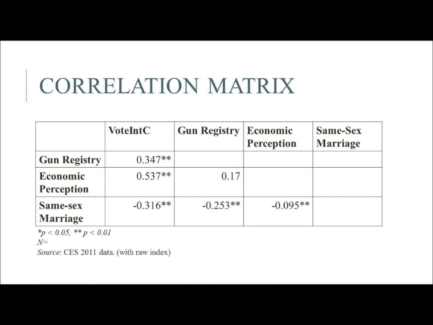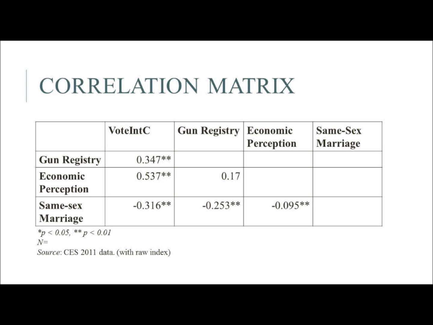A Pearson's R value of 0.347 indicates a strong positive relationship in which attitudes towards scrapping the gun registry explains approximately 12% of the variation in conservative vote intention. A Pearson's R value of 0.537 indicates a strong positive relationship in which perceptions about the performance of the economy explains approximately 29% of the variation in conservative vote intention.